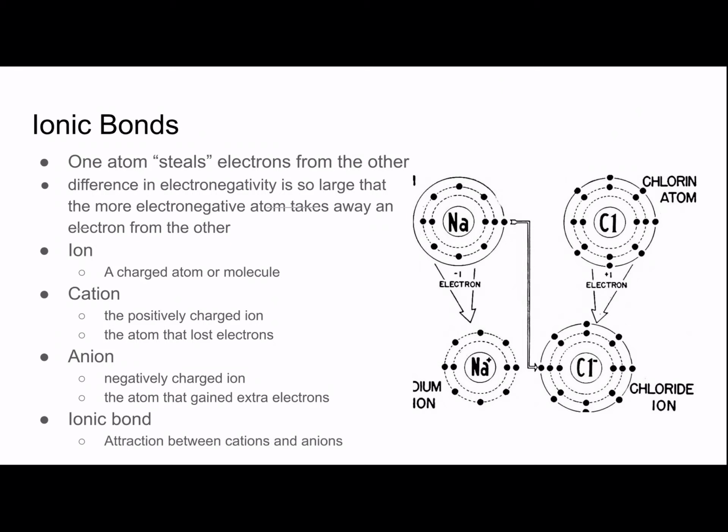So if we look at this example, sorry, a little bit of the names got cut off, but we start with a sodium atom and a chlorine atom. And if we look, sodium has one single electron on its outermost valence level, and chlorine is missing one electron on its outermost valence level to have a complete outer shell. So, as you can see with the arrow, chlorine will completely take an electron away from sodium.